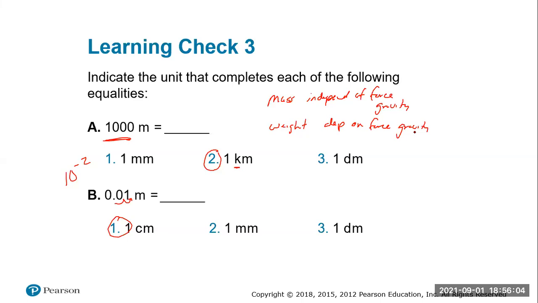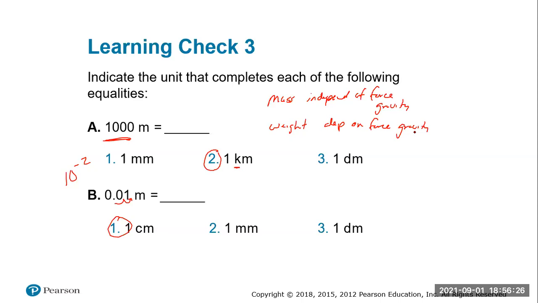But your mass would be the same, because mass is independent of the force of gravity. So in chemistry, when we weigh something, we refer to it as getting the mass of the object. We do not usually refer to it as getting the weight, because weight takes into account the force of gravity. Okay, got it. Thank you.